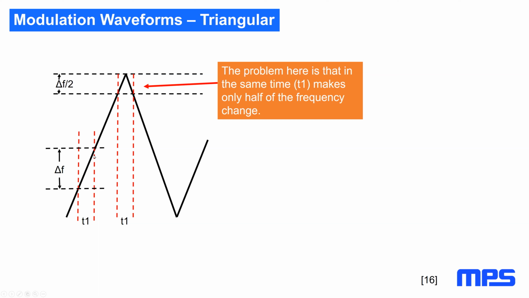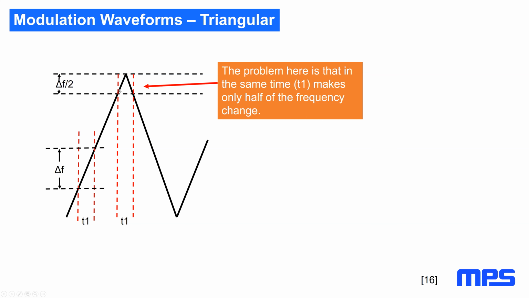The problem is our modulation signal needs to be periodic, because we cannot go to infinity with that. At a certain point we have to get back to the start point, and there are several ways to do that. If we use a simple modulation signal like a triangular, here we are fine, so we have a constant change.